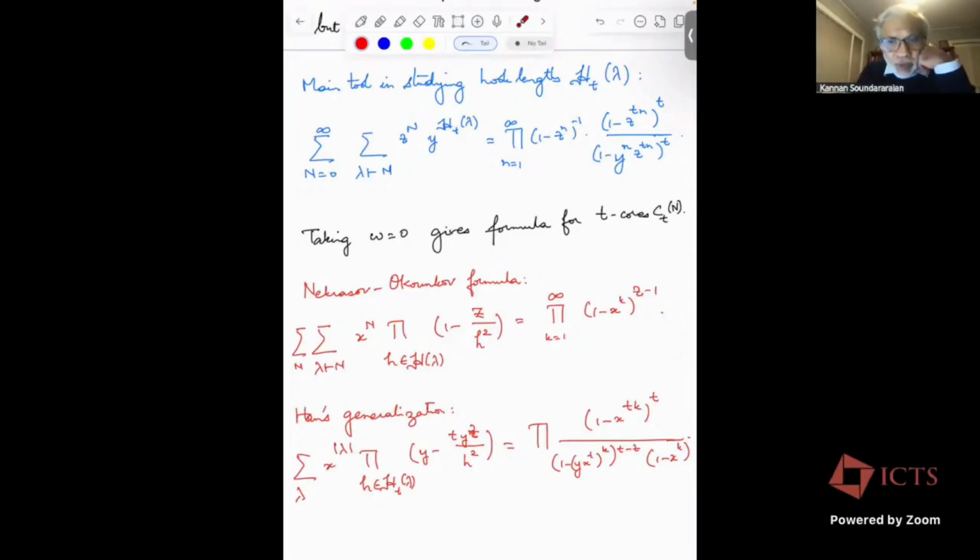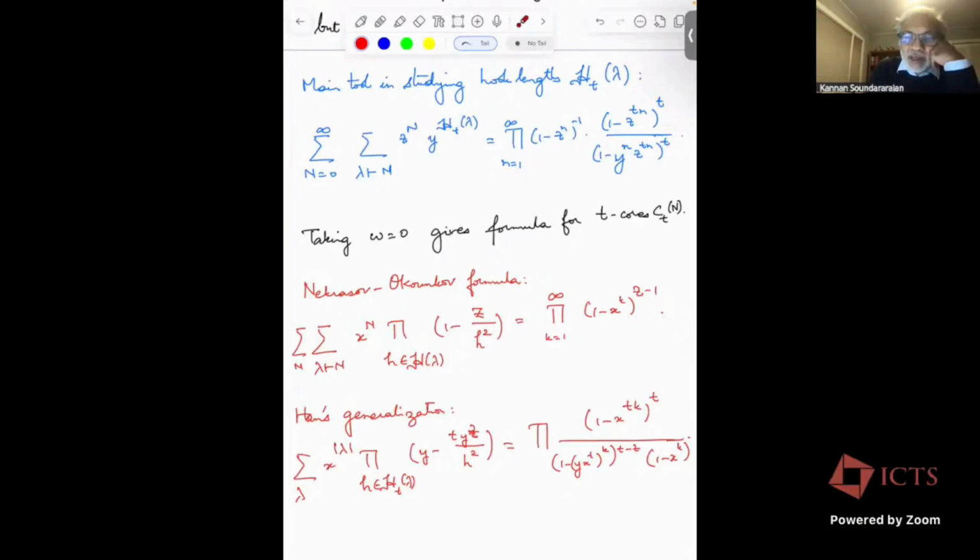Not all the possible boxes, but only the boxes whose hook lengths are multiples of t. And then you have a generalization of this. You can replace this 1 by a y, and then put in another factor t here. And then you have a formula for this in terms of products of suitable eta functions.